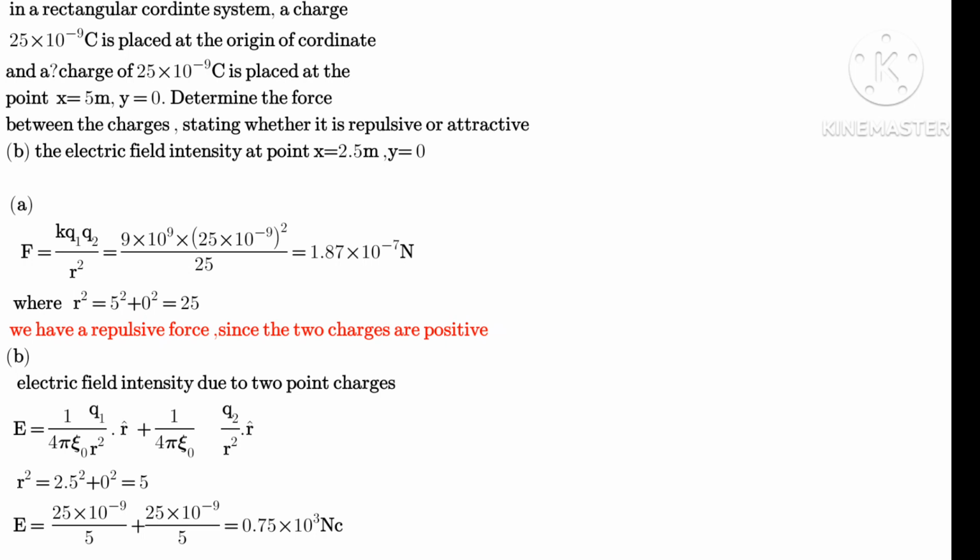In physics, there's something we call point charges. Whenever you see an electric field with a unit vector, that r with a hat on top is a unit vector alongside the electric field. This is what we refer to as point charges. Since it is two different point charges, we calculate them respectively, and we have the electric field intensity to be 0.75 times 10 raised to power 3 Newton per coulomb.